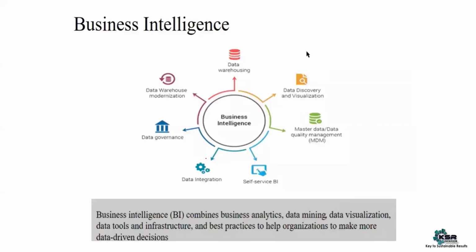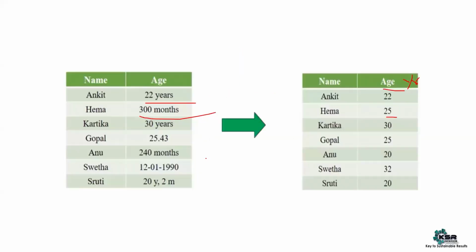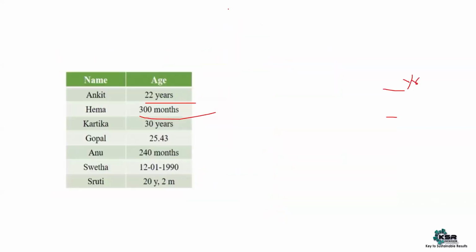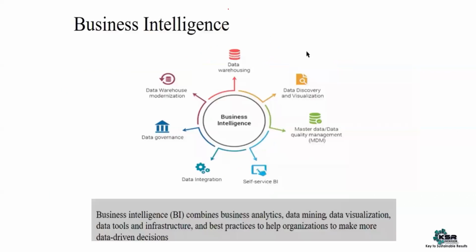Now, the importance of business. See, there is a difference here. This is business analysis. These are the important roles which a business analyst or a data analyst has to follow. But whenever you're following all these roles, what is that process called? That process is called business intelligence, which includes analytics, data mining, visualization, data tools and infrastructure.